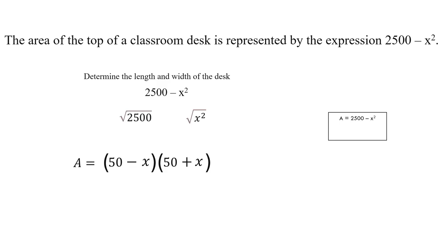Now we have something multiplied by something, which in this case is our length and width. 50 minus x will be the smaller term, so 50 minus x we'll call the width, and 50 plus x we'll call the length. So the width is 50 minus x, and the length is 50 plus x.